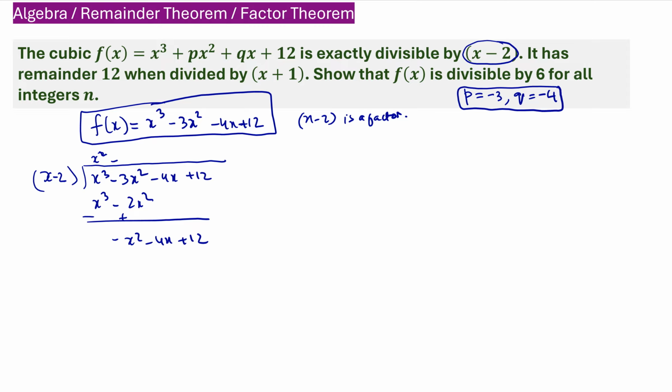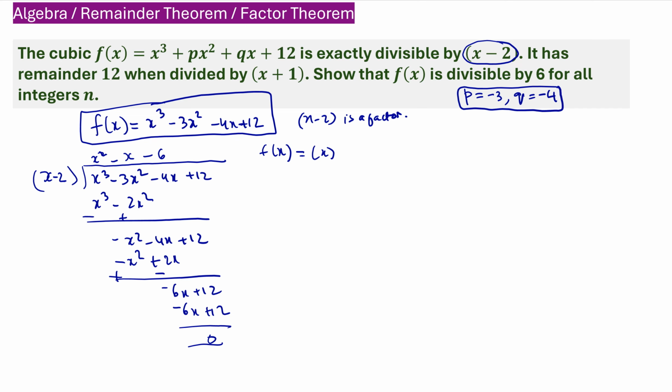Then minus x gives me minus x squared plus 2x, subtract, then I get minus 6x plus 12, and minus 6 gives minus 6x plus 12, and I get 0. Hence I can write f(x) as equal to x minus 2 times x squared minus x minus 6.